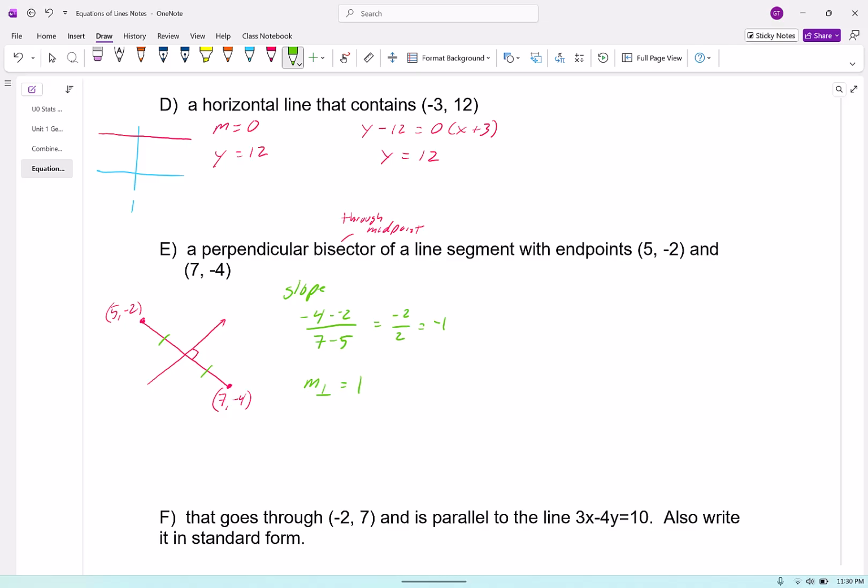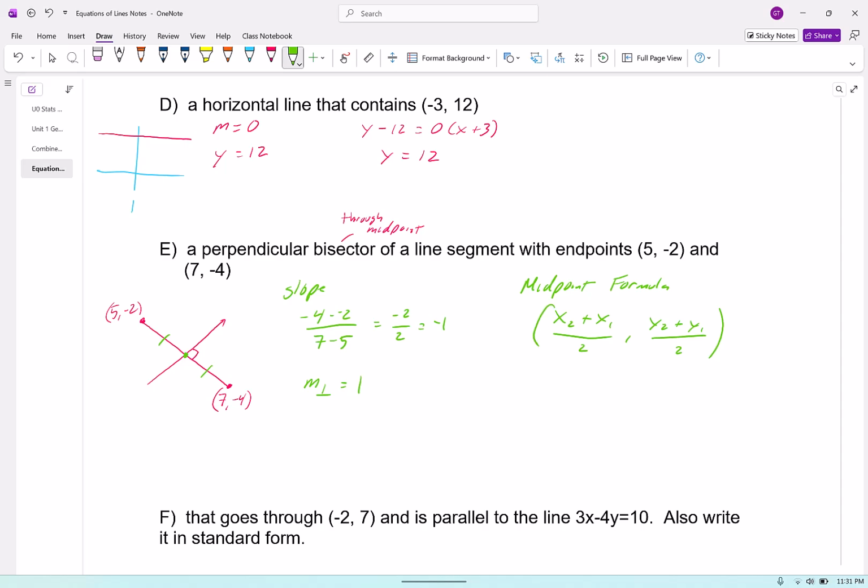Okay, so now I have to figure out what the midpoint is. I got to figure out that right there because that's the point that I'm going to be able to then create with my slope to figure out what the equation for that perpendicular bisector is. So the quick review, remember midpoint formula tells me I take each of the x over 2, and each of the y over 2 to create a coordinate.